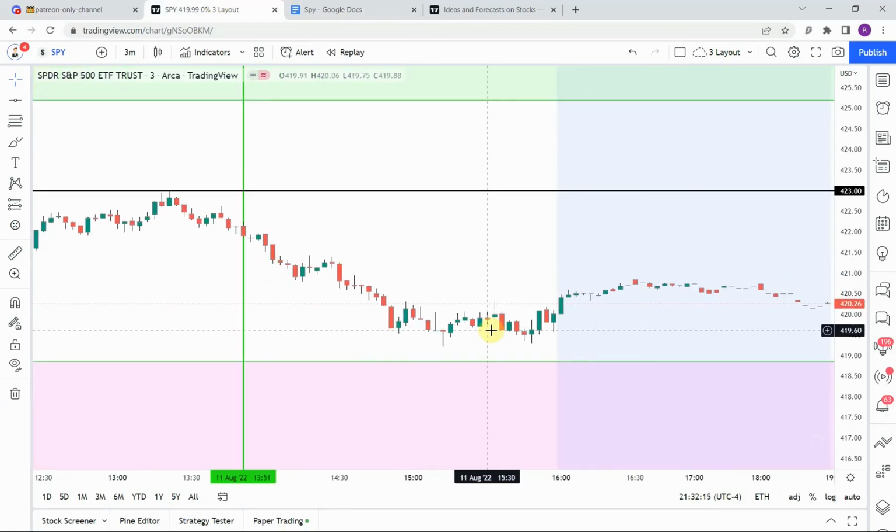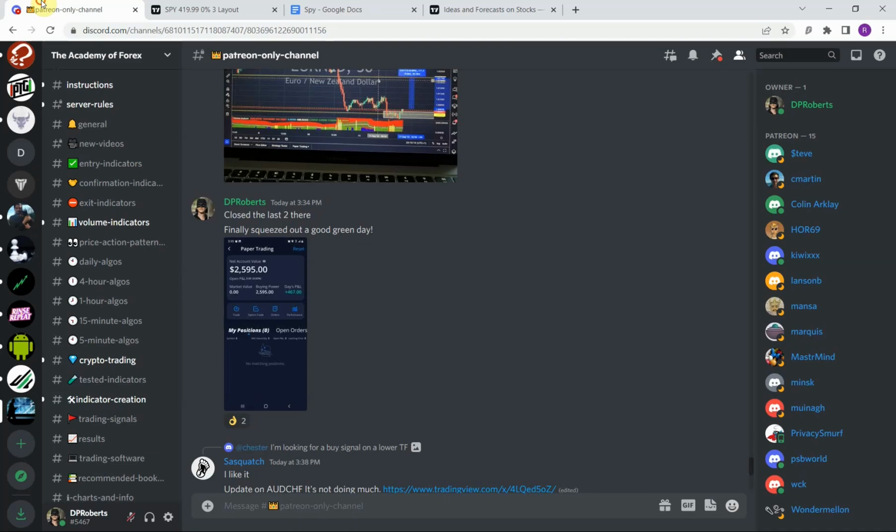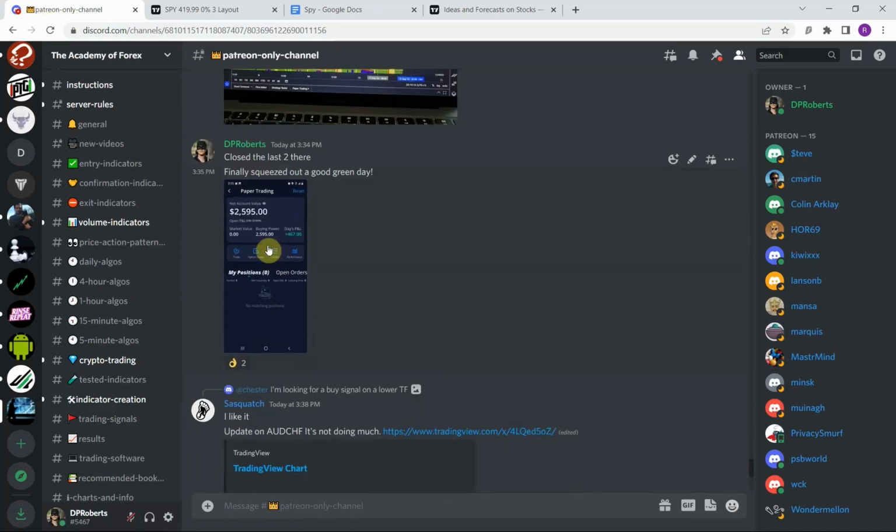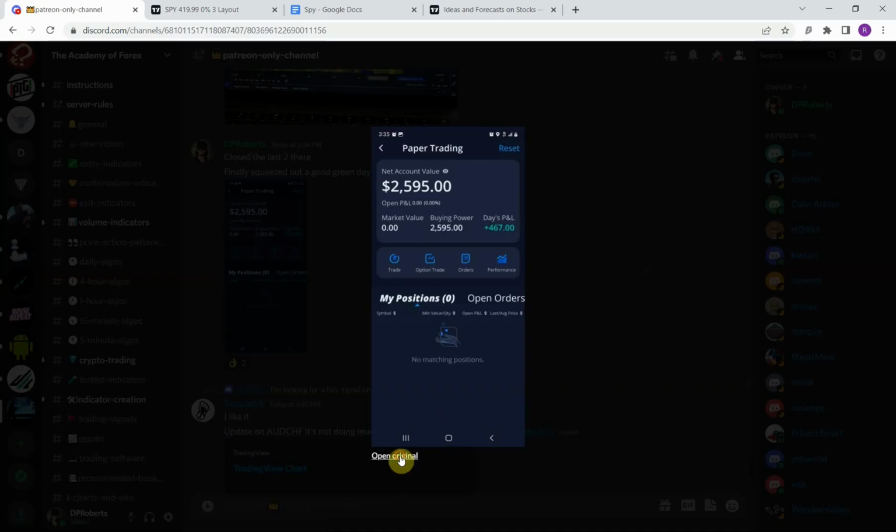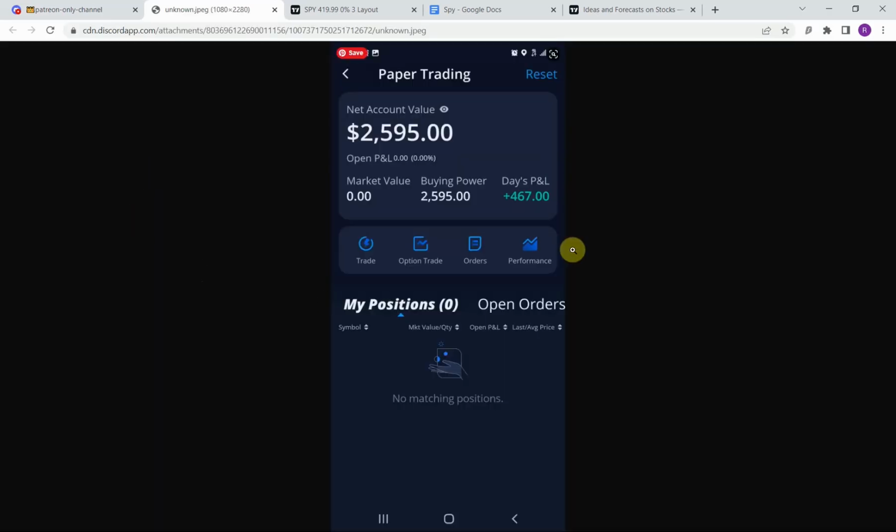And so that would have been, yep, right here on this candle right there, basically at the end of the day. And so I rode that out for a nice long trade. And that put us up in the green for $467 on the day.